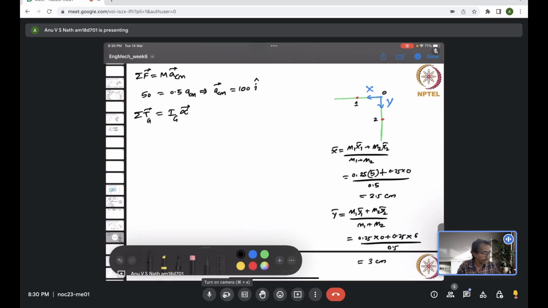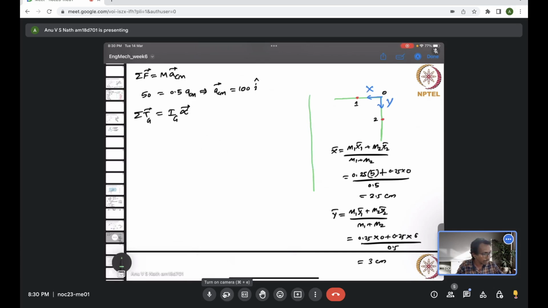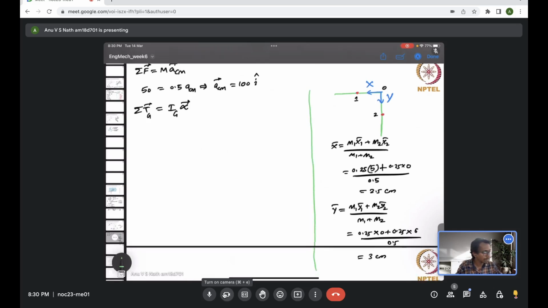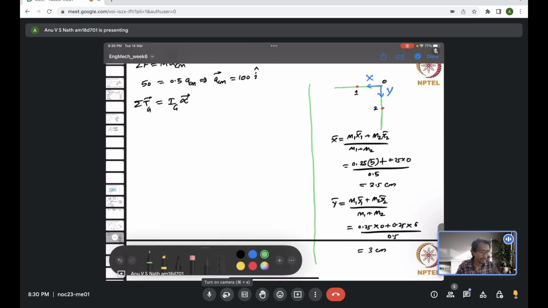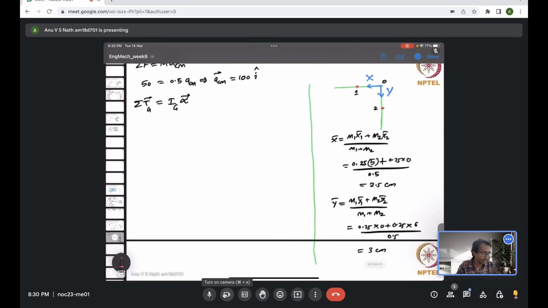So this is just the center of mass calculation. Now we have located the center of mass. It is at x bar and y bar measured from point O. So this is the point O, so G will be somewhere here.